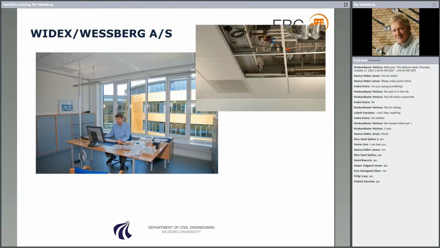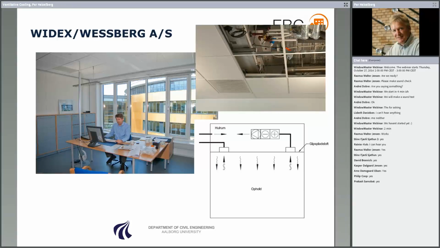We supply the air directly through the ceiling. So we have some diffuse panels to supply air, and actually here we have the extract of air from the space. And so in principle it looks like this, that we supply air to the plenum, and then it's distributed to the room through the perforated ceiling panels.